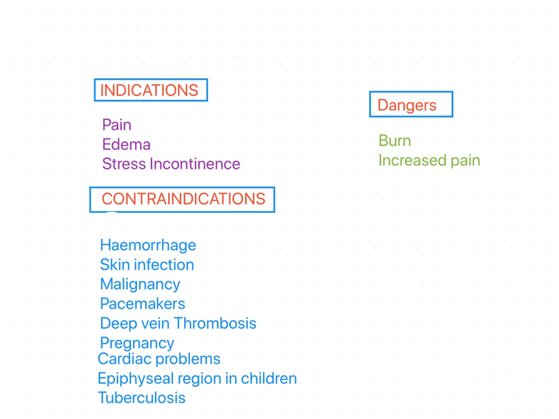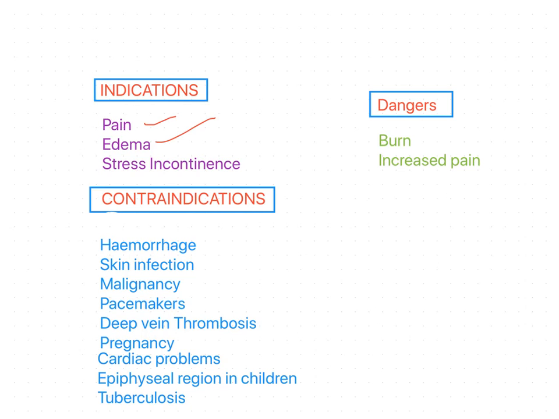So the pain is reduced by different mechanisms, okay, like pain gate and descending suppression pain pathway, and also the edema can be reduced by using interferential currents. So when there is edema, you can use IFT.